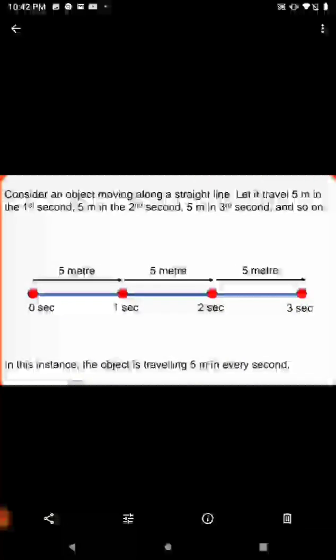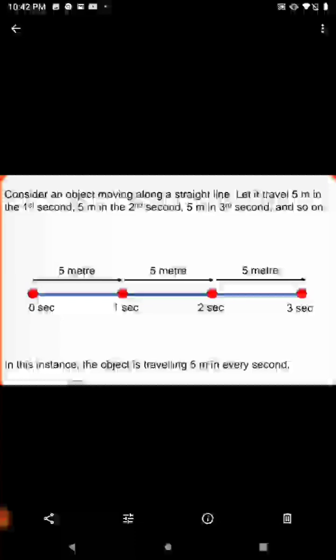So in case of uniform, when any object travels equal distance in equal given time, it is known as uniform motion. For example, in this slide we consider 0, 1, 2, 3 seconds, and every 1 second the object covers 5 meter. So same time and same distance covered by an object is known as uniform motion.